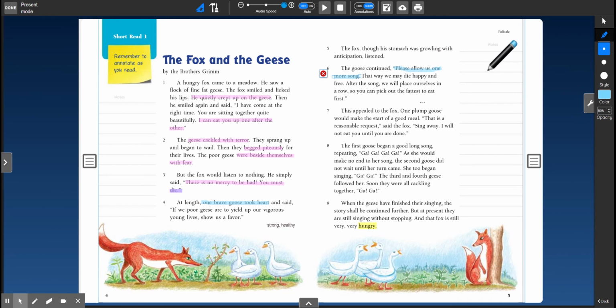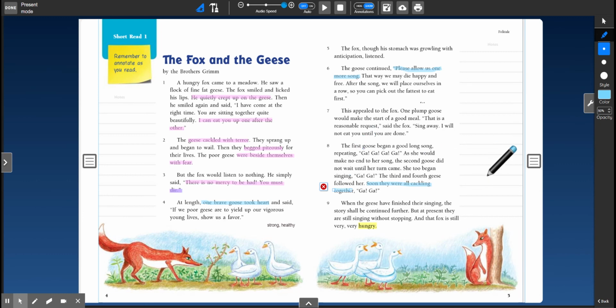So then what happens? Go to paragraphs 8 and 9. What happens? So we know that soon they were all cackling together. Maybe you highlighted a little bit more in here about each one of them singing. That's totally fine.